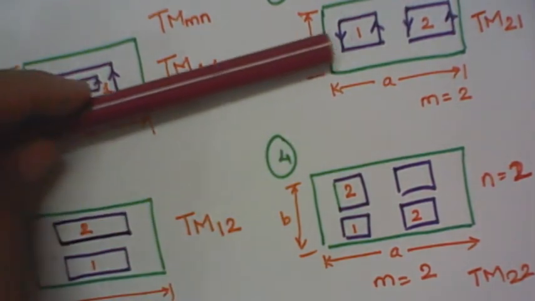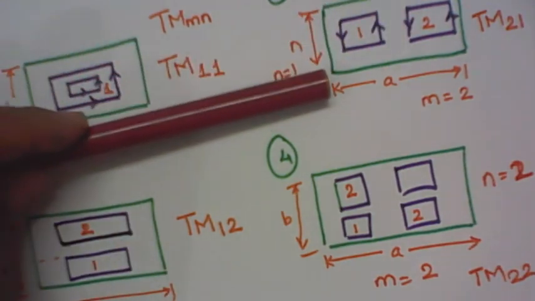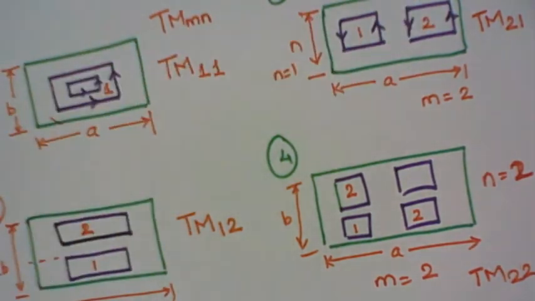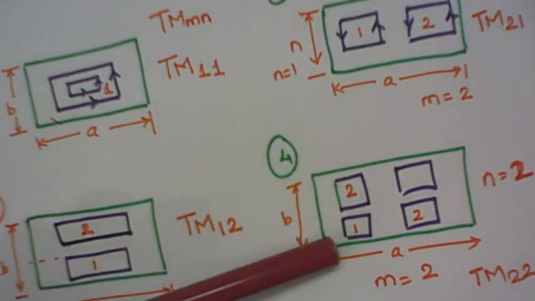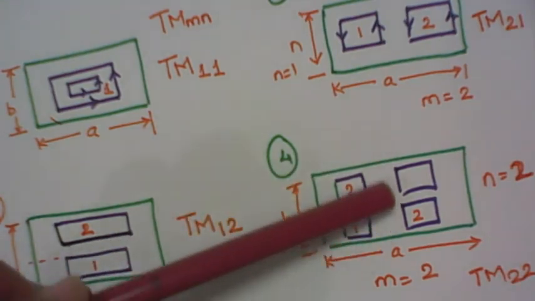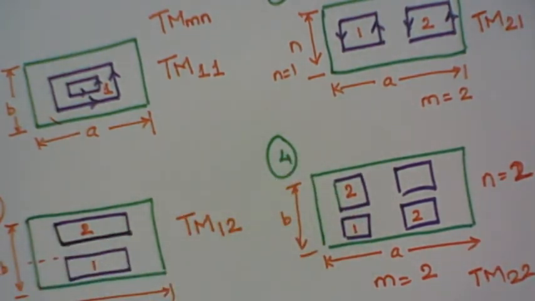But in this particular example, towards the narrower dimension there are 2 loops, so n equals 2. So this is how a TM mode is represented.